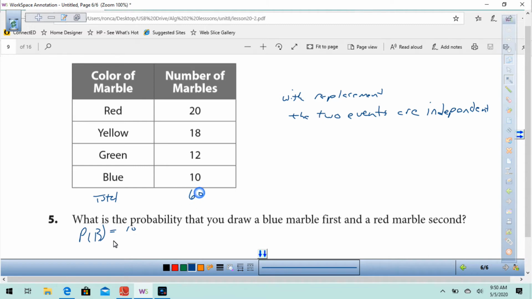So there's a total of 10 over 60, that's going to be 1/6. Now, the probability of red given blue. Since these are independent, that's the same as the probability of red, which is 20 over 60, or 1/3.